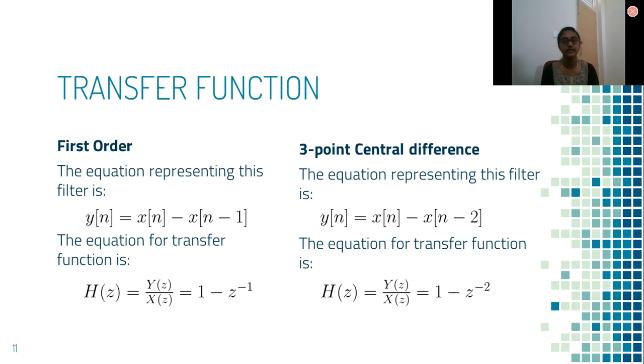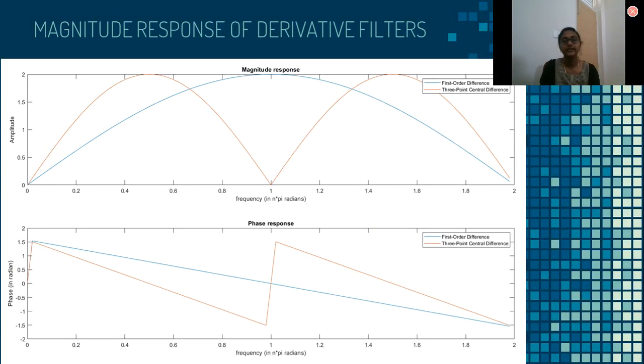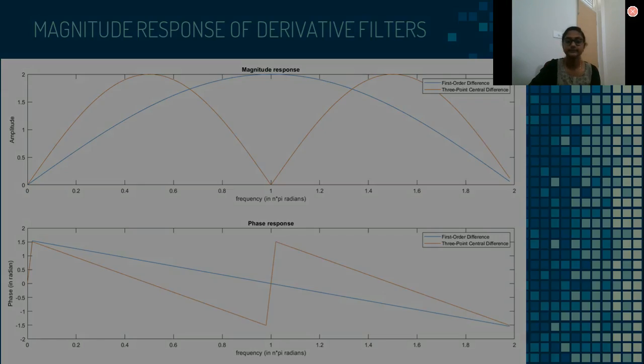By applying the z transform, the transfer function comes out to be 1 minus z power minus 2. After getting the magnitude response and the phase response, once we plot them, we get these two. The blue one indicates the first order difference filter and the red one indicates the 3-point central difference derivative filter.